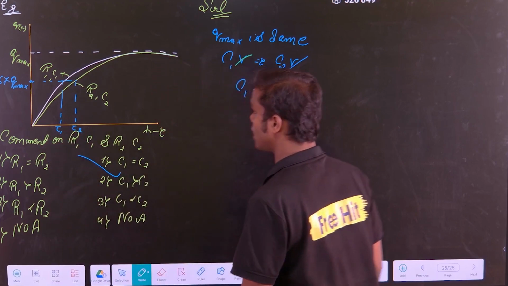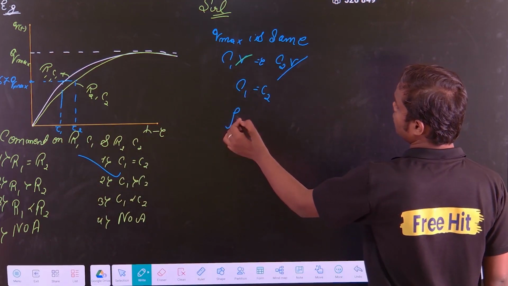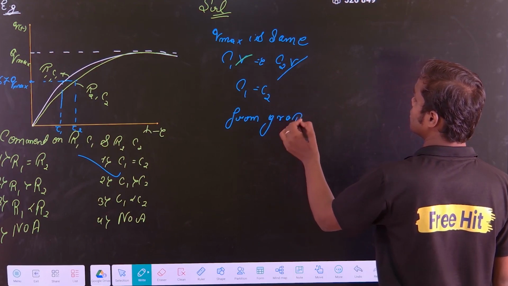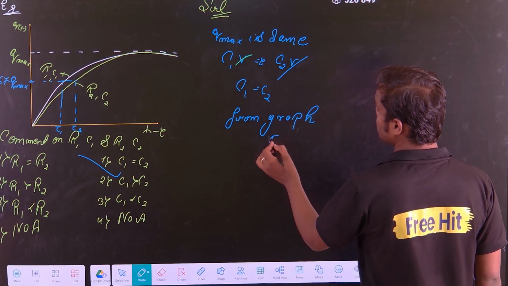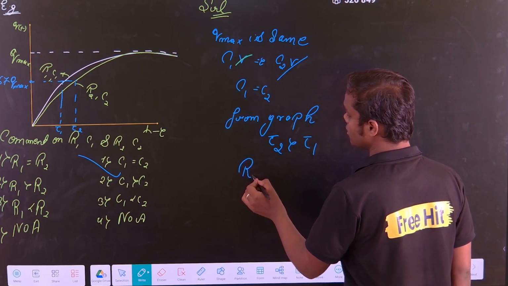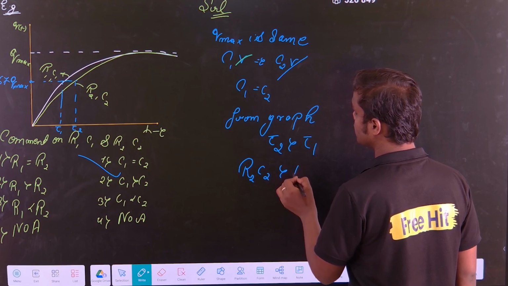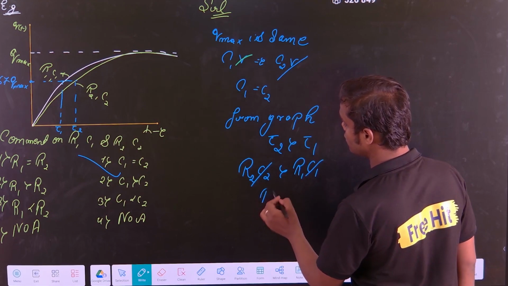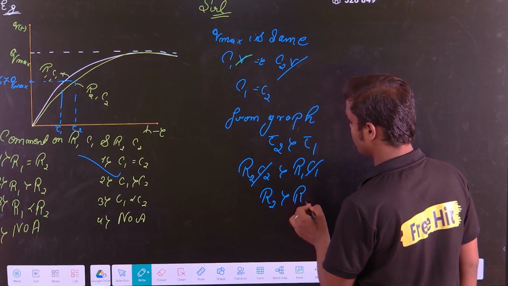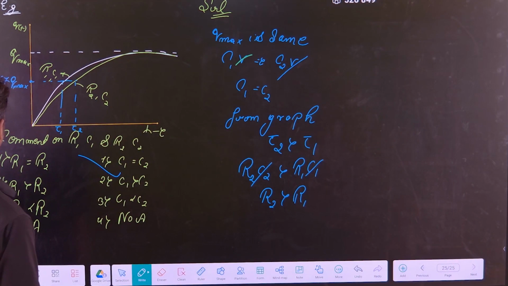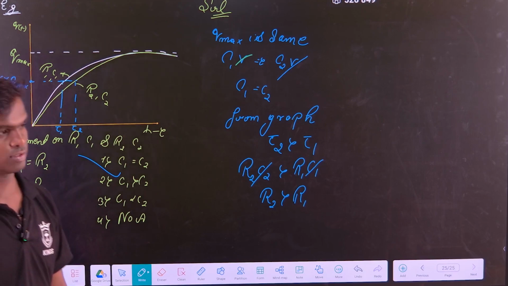From the graph, tau 2 is greater than tau 1. Tau 2 is R2 into C2, which is greater than R1 into C1. C1 and C2 are equal, so they cancel out. So R2 is greater than R1. Which option will be correct? The third option. Simple question.